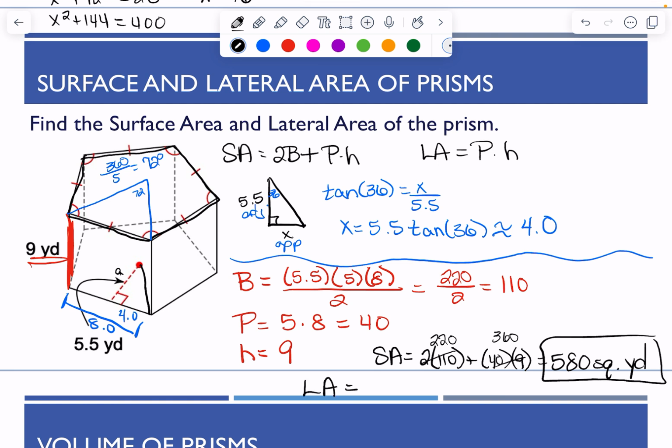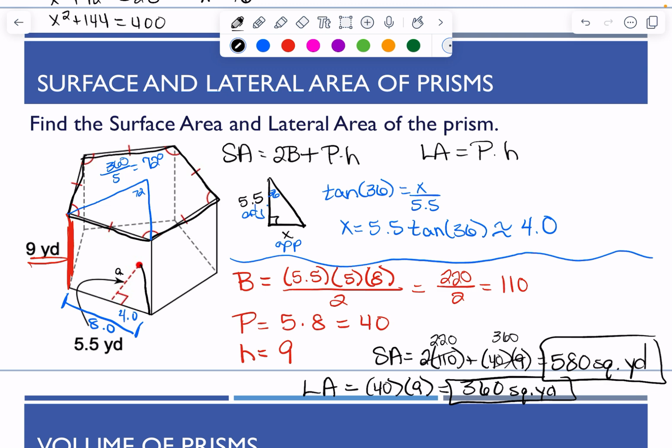For my lateral area, remember it's just the perimeter, 40 times 9, which would be 360 square yards. And that would be the surface area and the lateral area of that pentagonal prism.